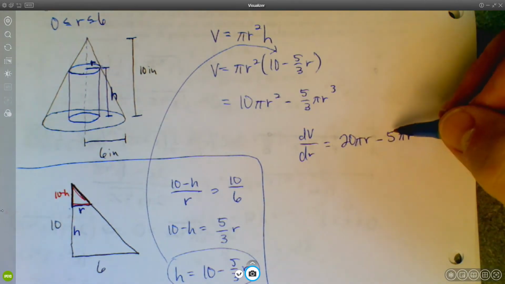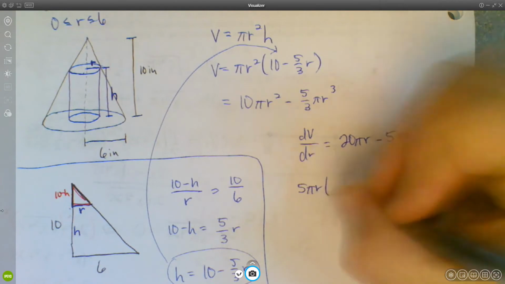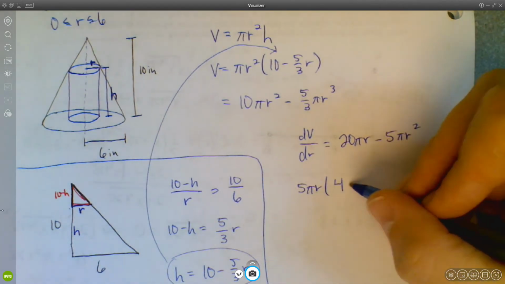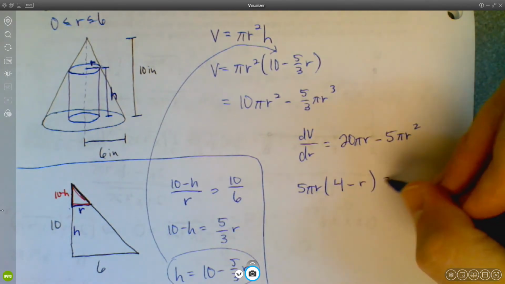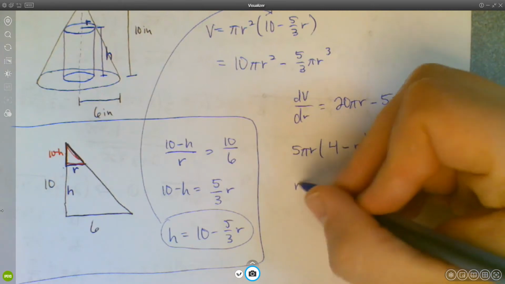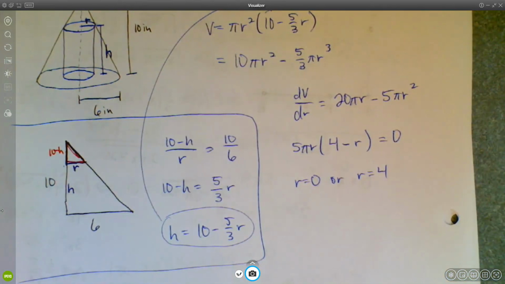I can take out a 5 pi r, and I would be left with 4 minus r. So I get two solutions. I get r equals 0 or r equals 4. That's not very surprising, okay?